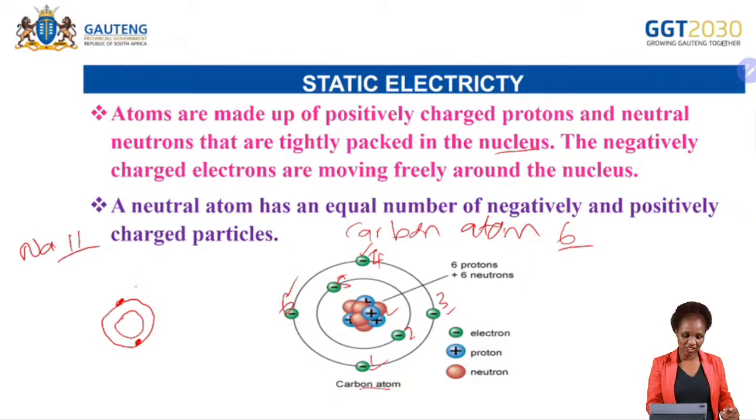And then the second shell, that is the second energy level, it can hold up to 8 electrons. Let's put the 8 and observe. 4, 5, 6, 7, 8. 8 plus 2 is equal to 10.